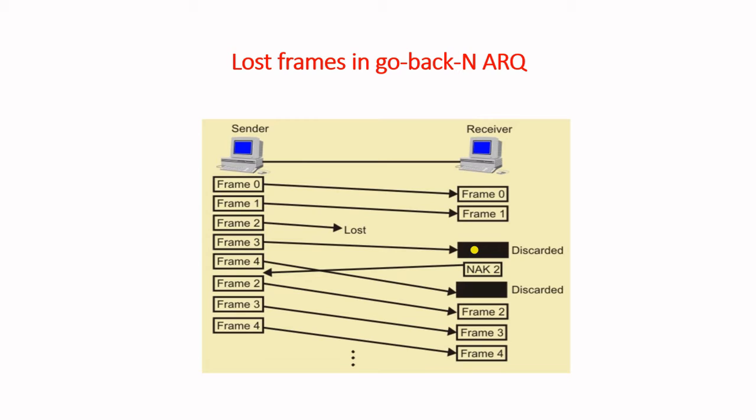When the sender receives the negative acknowledgement for frame 2, during this the sender again sends frame 4, a new frame. It is also discarded by the receiver.